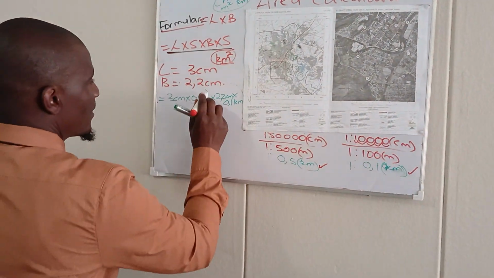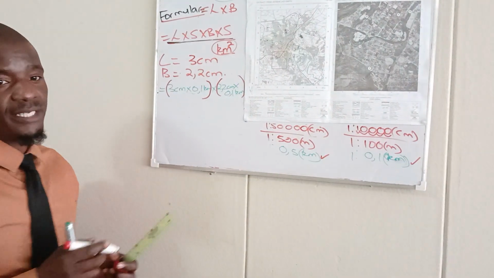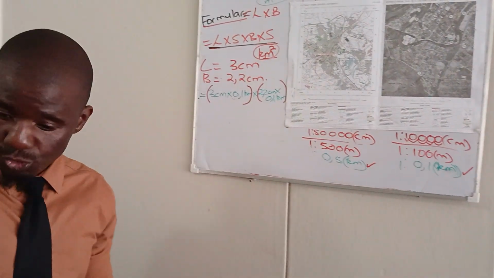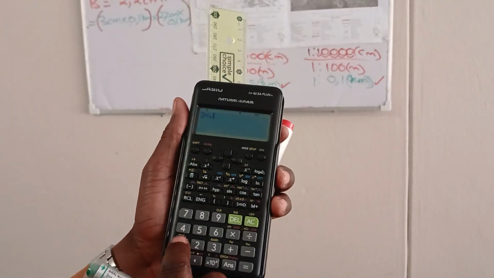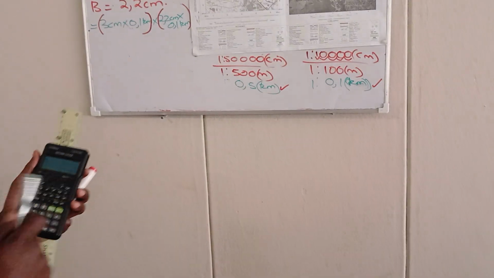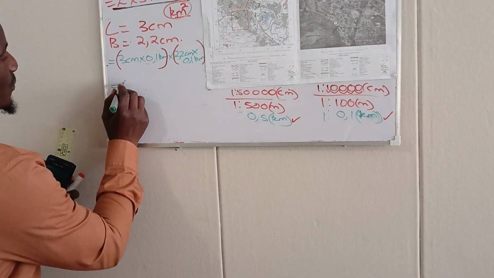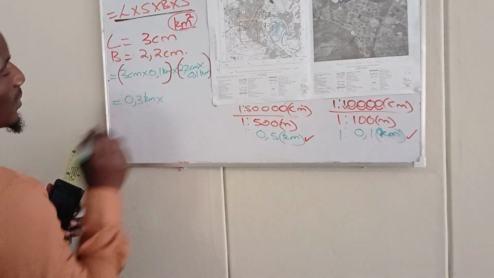I have my length. I have my breadth. These are the two things that I have. So I'm going to do my calculations now. So I'll say 3 multiplied by 0.1. What do I get? I'm going to get 0.3 kilometers.